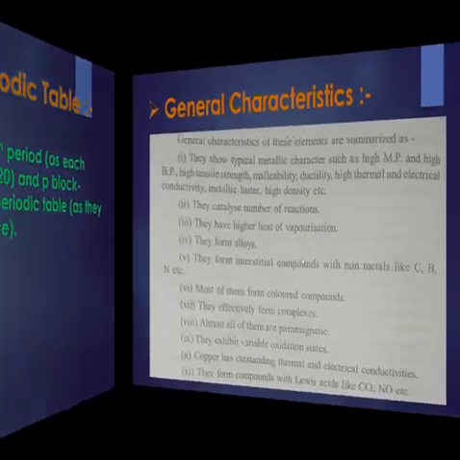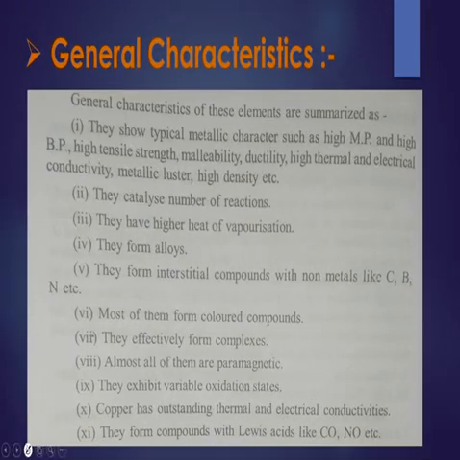Now the next point is the general characteristics of the 3D block elements. Generally, the characteristics of these elements are as follows.